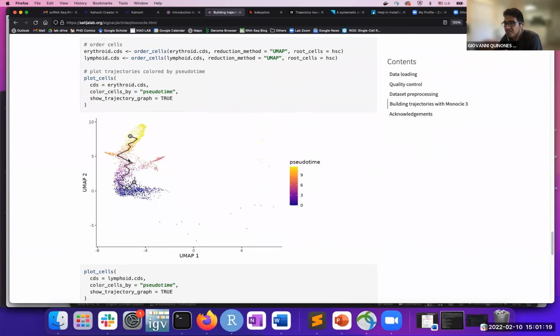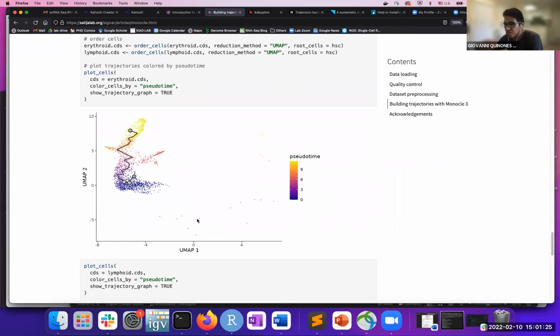I think in this particular case, it's indicating a trajectory going from this first step up to the 2nd step. But usually this type of algorithms will figure out the path, and will also try to figure out the order by which you move across the path.